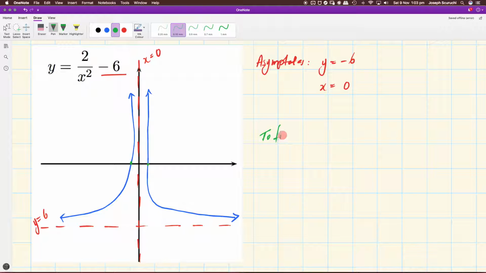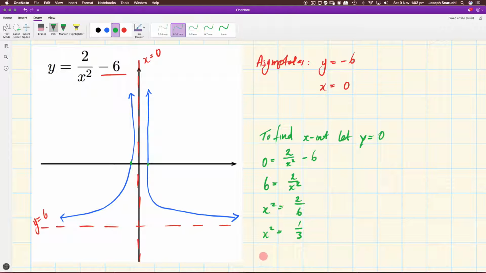To find the x-intercept, let y equal 0. So 0 equals 2 over x squared minus 6, plus 6 to both sides. Do some fancy rearranging. Do some more rearranging, simplification rather.